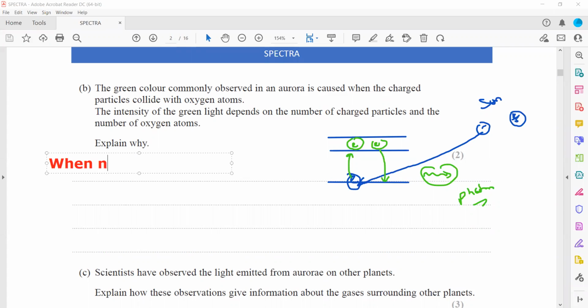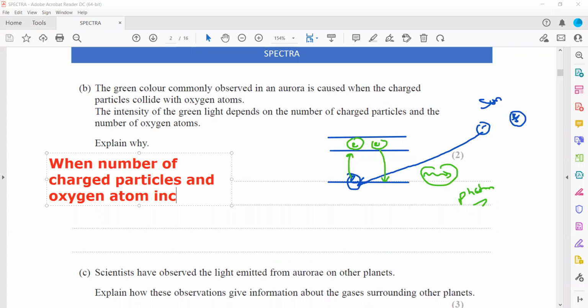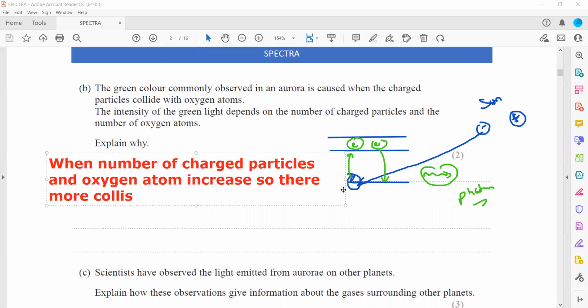So the answer here: when the number of charged particles and oxygen atoms increases, there are more collisions. You can even write "excite the atom" or "excite the electron"; both have the same meaning.